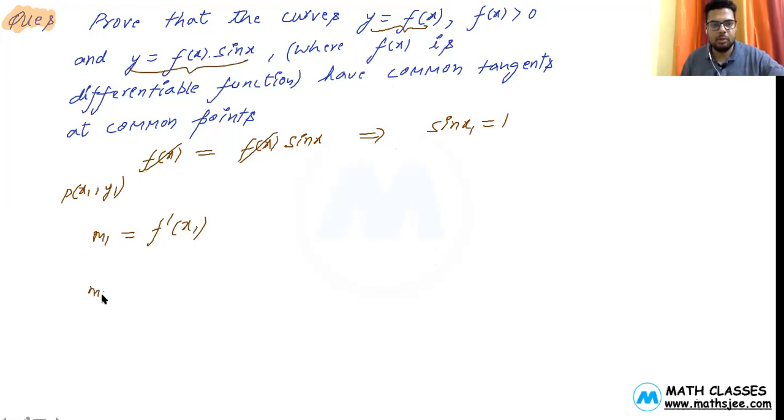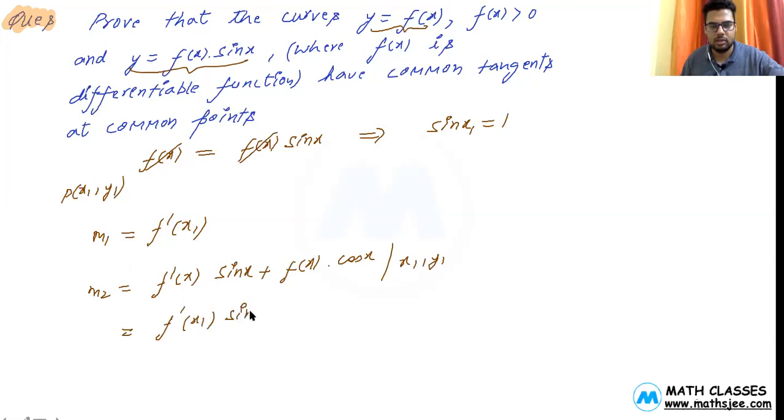Now we talk about m2. So the m2 will be, we'll later substitute x1, y1, we'll apply the product rule. So f dash x sin x plus f(x) into cos x, and this is at the point (x1, y1). So we can say this is f dash x1 sin x1 plus f of x1 cos x1.